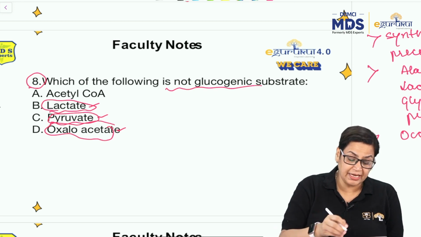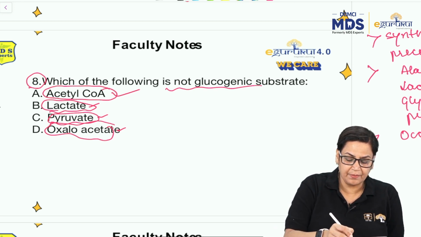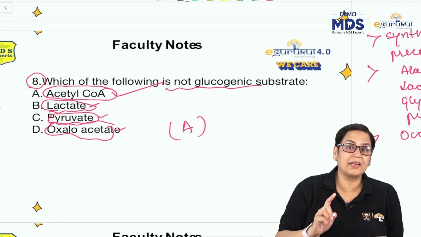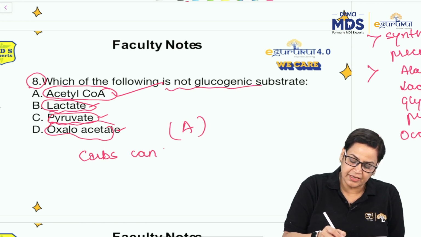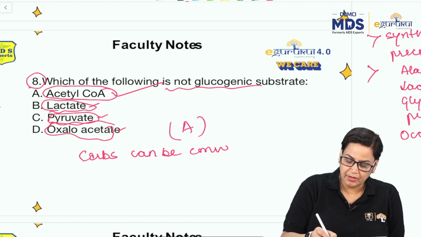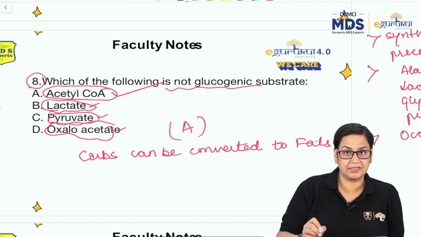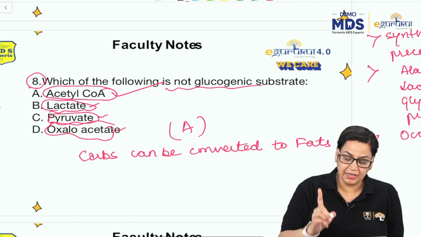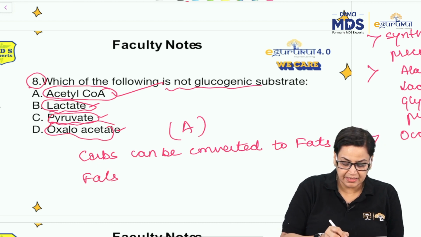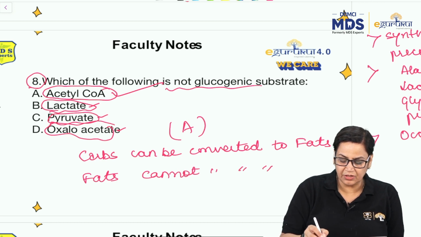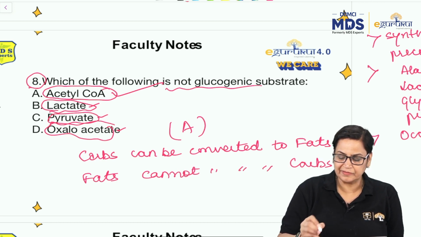Not glucogenic: acetyl coenzyme A. Always remember one thing, that carbs can be converted to fats. Always remember, carbohydrates can be converted to fats. Fats cannot be converted to carbohydrates.